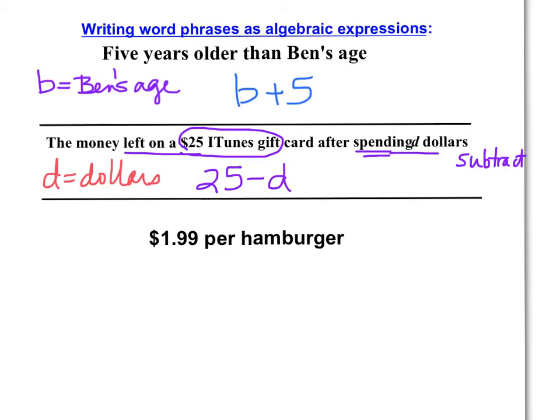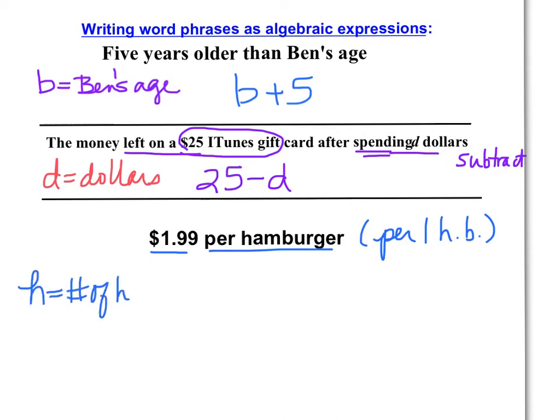Now the next one is $1.99 per hamburger. And that means per one hamburger. I'm just going to abbreviate that. So it's $1.99. Let me erase that because I did not define my variable. So let's do H equals the number of hamburgers.